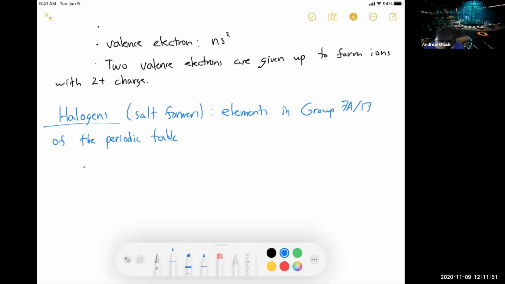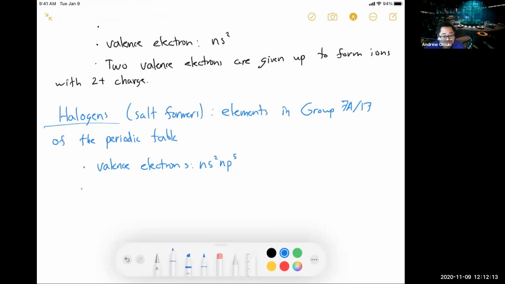Their valence electrons are ns2 because they have a filled s shell, and then they're all the way to the right in the p block, with np5.